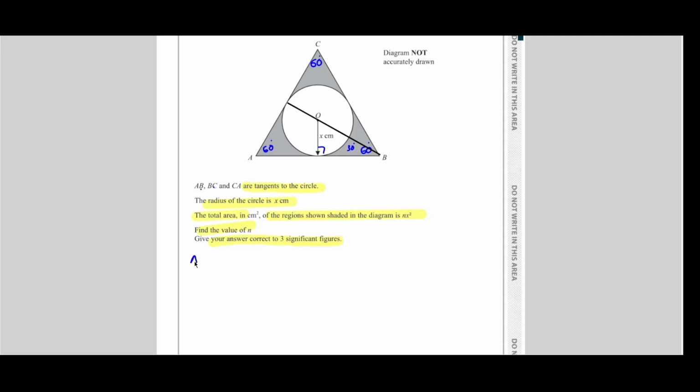Area of the triangle equals half AB sine C. Then if I can find one of these lengths, then I'm done.